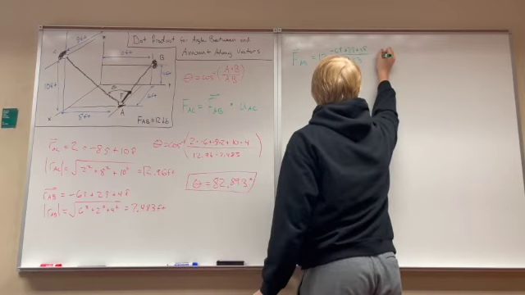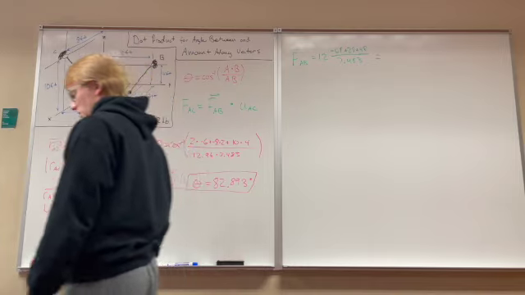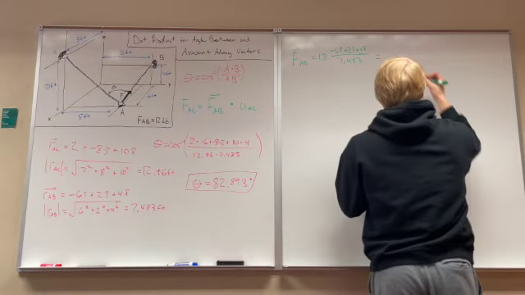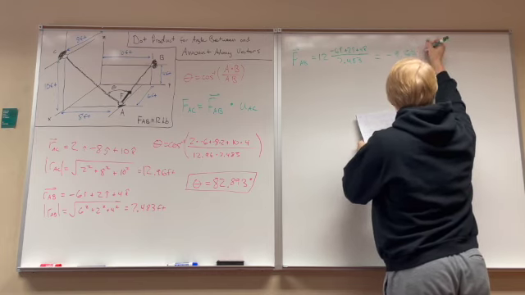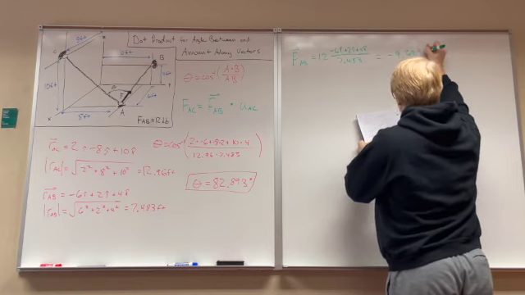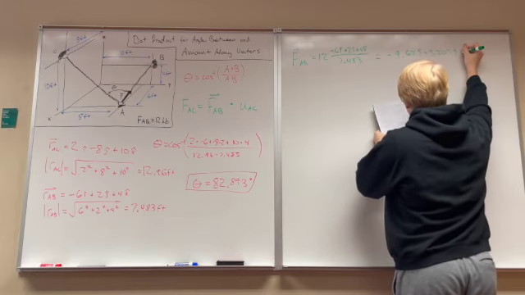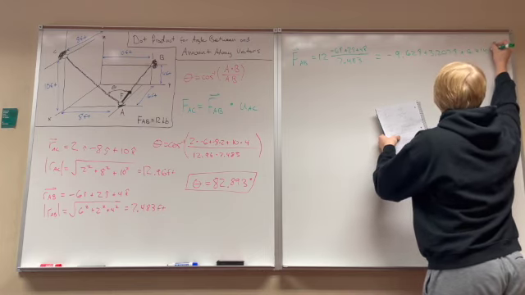Right? And so those answers are going to be -9.62 i hat plus 3.207 j hat plus 6.414 k hat.